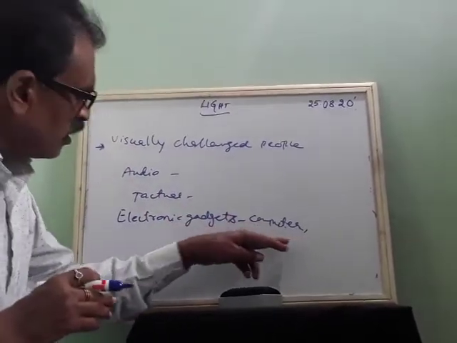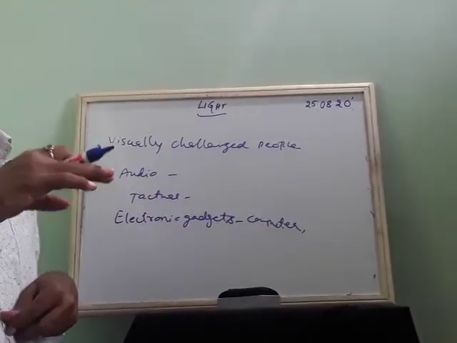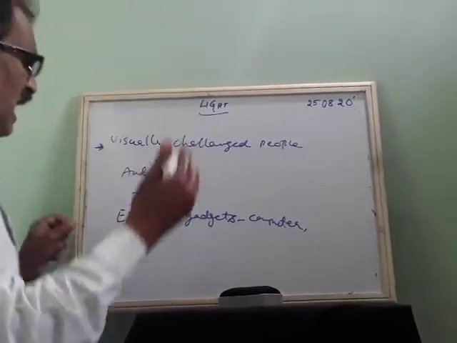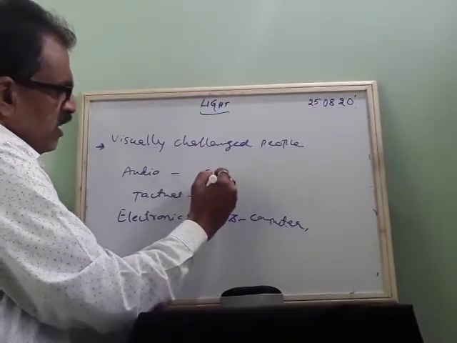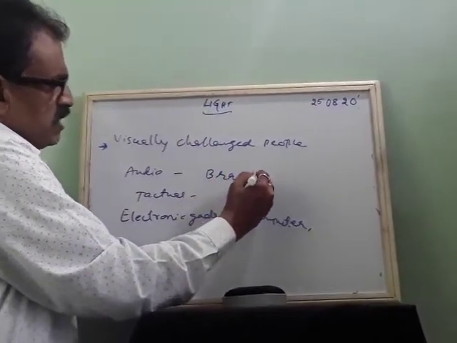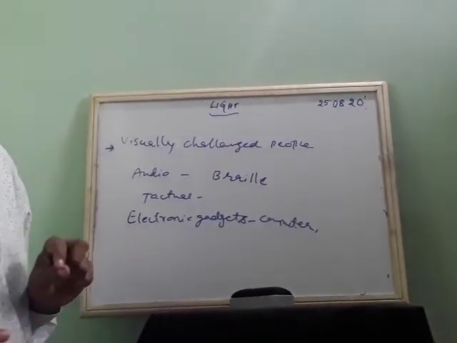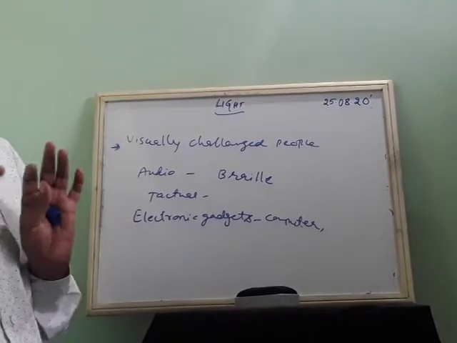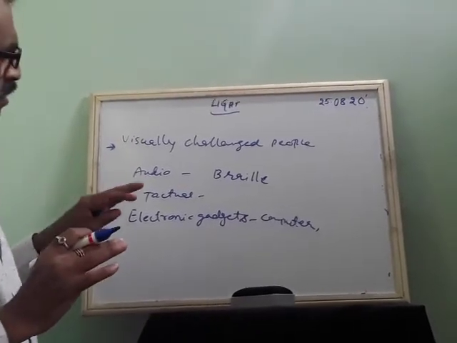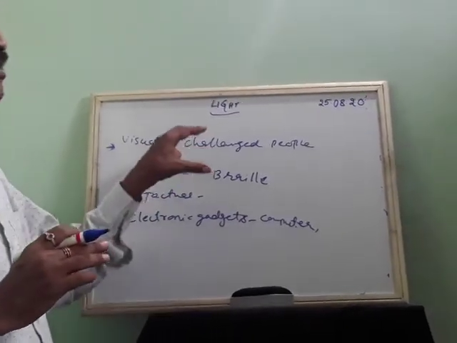And nowadays special computers are made using a language called Braille. The Braille language was invented by a person called Louis Braille, who was himself blind. For people who are blind, he made a language called Braille.